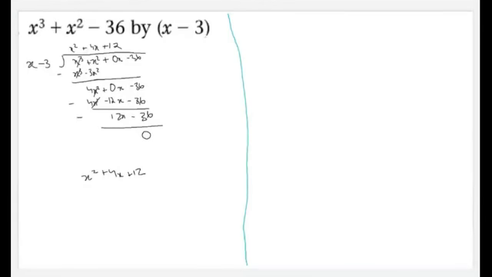And this one doesn't factorize, so it's all good.